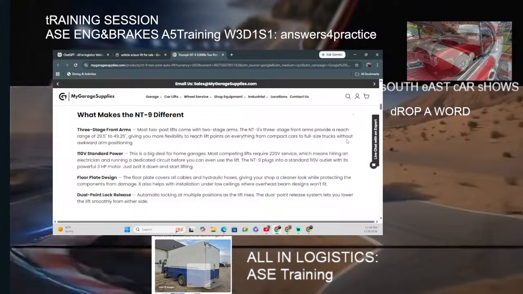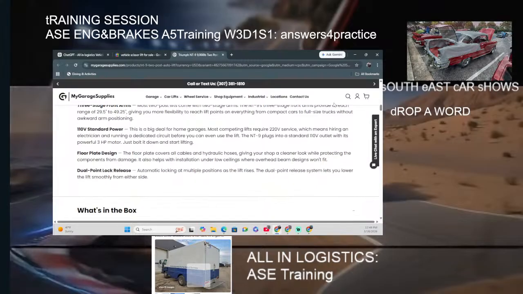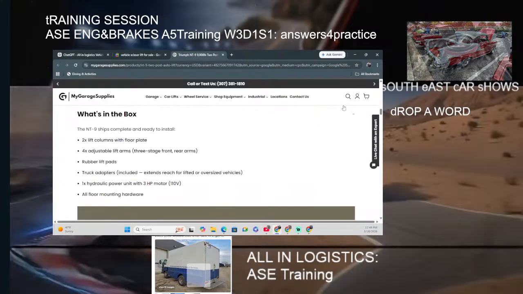What makes the MT9 different? 3-stage front arms, 110 volt standard power, floor plate design, dual point lock release. What's in the box?